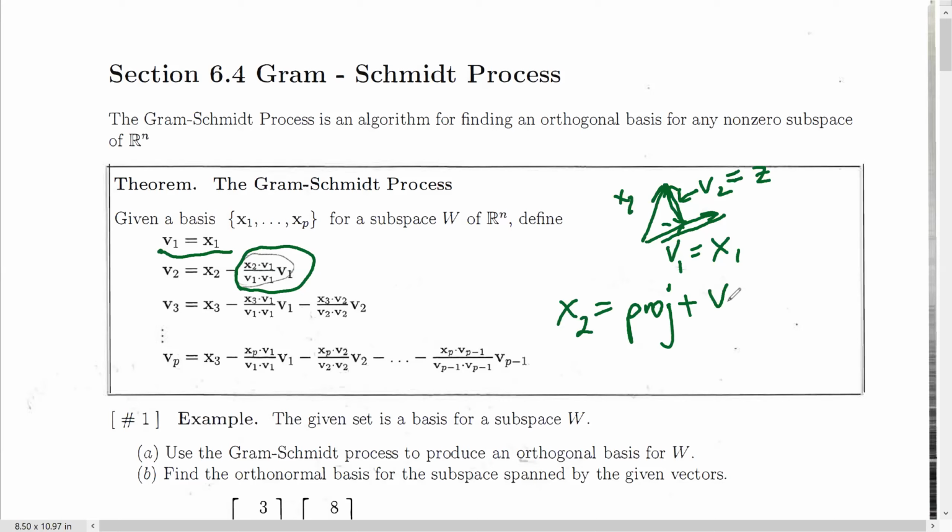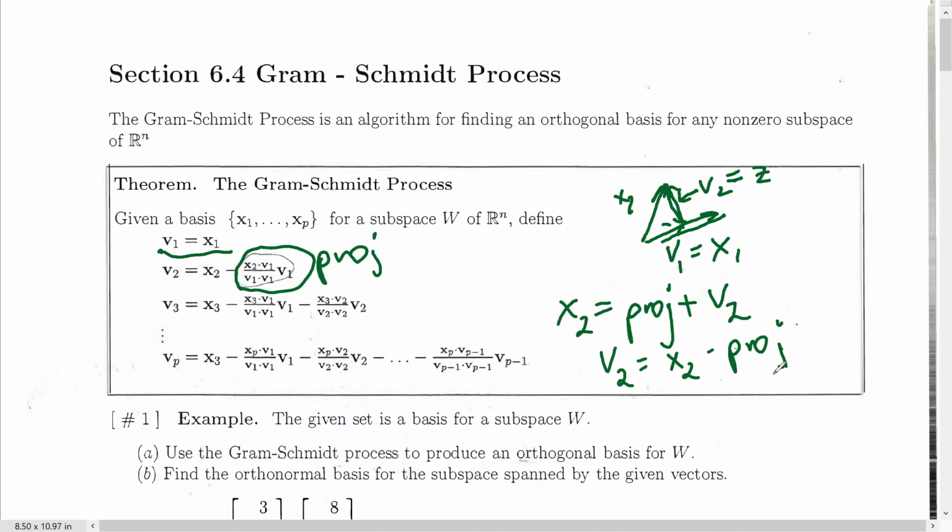Now we call it v2. So the v2 vector is equal to x2 minus the projection. That's what we have right here. That's how we create the orthogonal vectors.